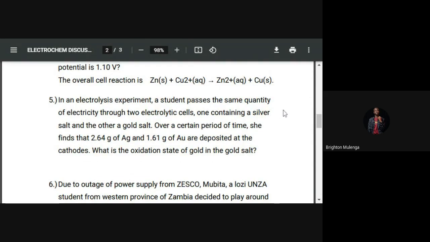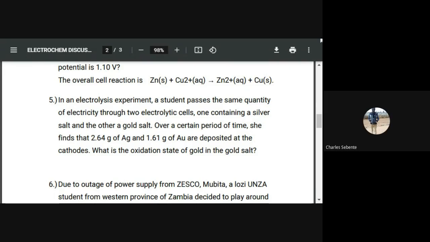After you find the number of moles, we multiply. Just assume that silver has got an oxidation number of 1. We multiply the number of moles by 1. Then we equate that number of moles multiplied by the oxidation number to the gold. Then the gold you multiply it with an x. An x simply means we are finding the oxidation number. I think that's what they did.